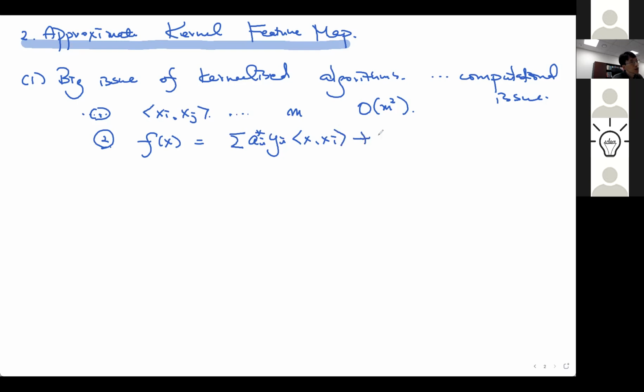It has to compute inner products between the new input x and the examples in the sample. And if there are a million examples, to make a single prediction, we need to compute 1 million steps, which may be too expensive.